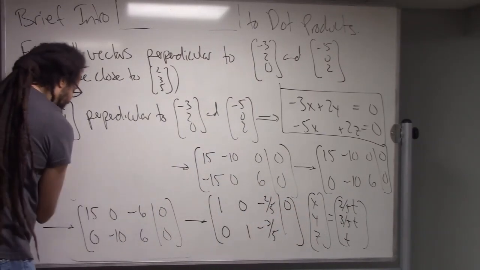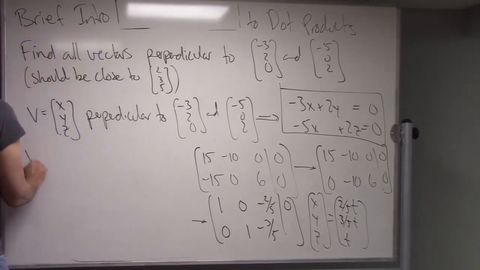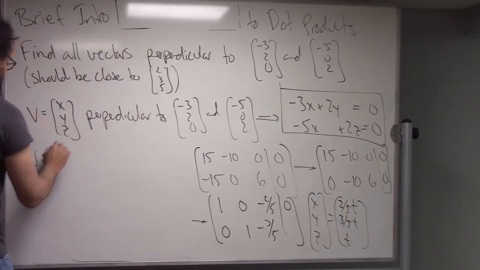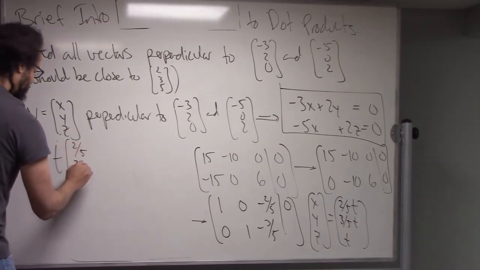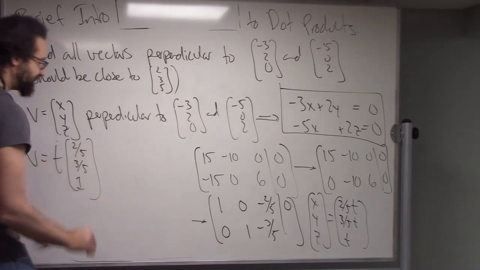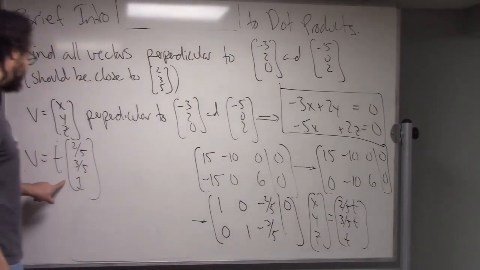So now we can see that this vector v is of the form t times 2/5, 3/5, and 1, right? I just factor a t out of this thing.